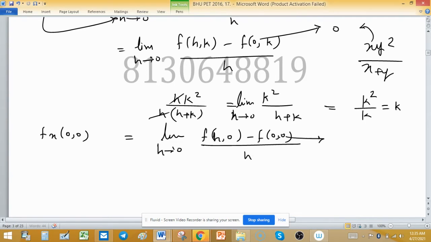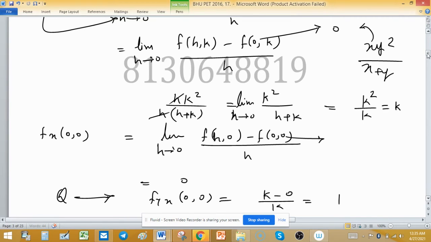Both coordinates are 0, so this term will go to 0, and this one again goes to 0 by the defining structure of the function. So the limit is 0. Now put all these values in equation Q. So f_yx at (0,0) will be equal to k minus 0 divided by k, and k by k is 1.